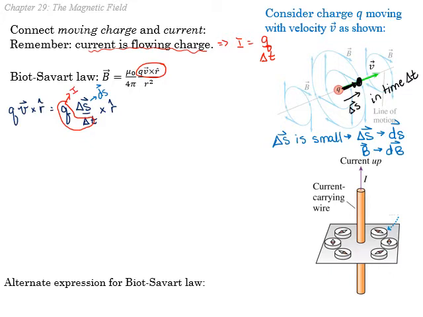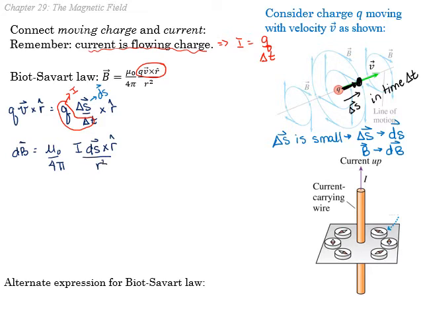So our magnetic field created is a small amount of magnetic field. That's equal to mu naught over 4 pi. QV cross R hat is the same as I ds cross R hat. And then everything has to be divided by R squared.